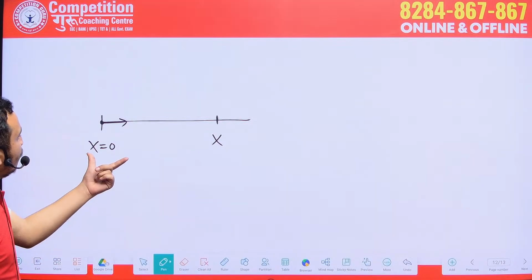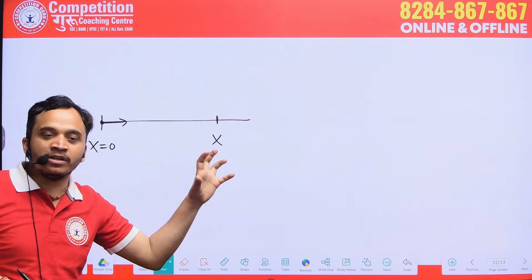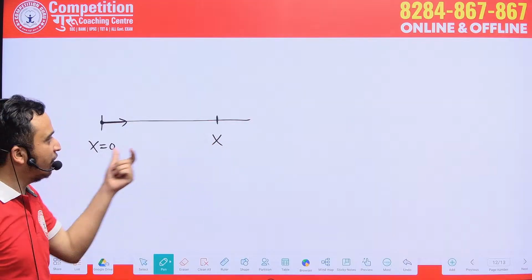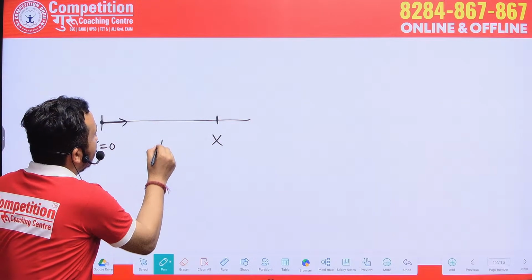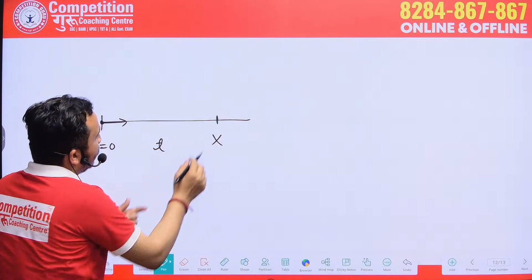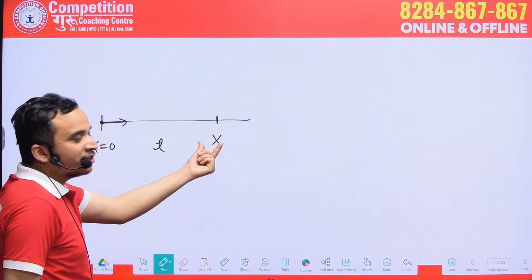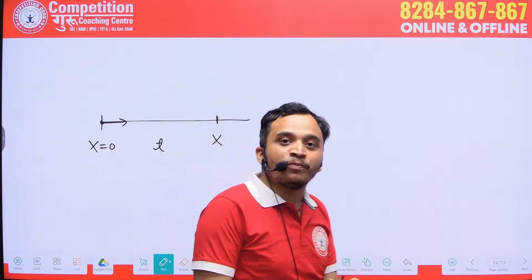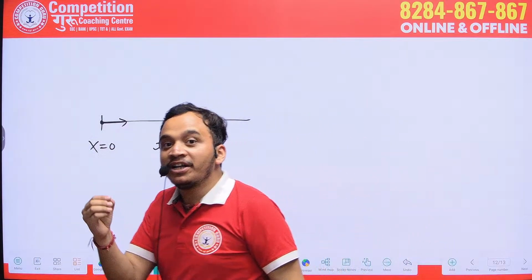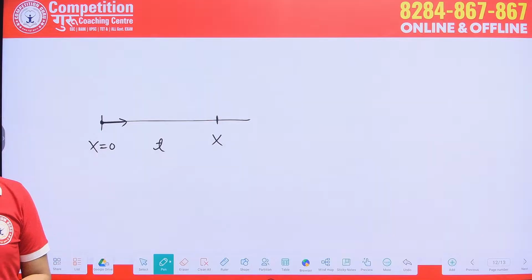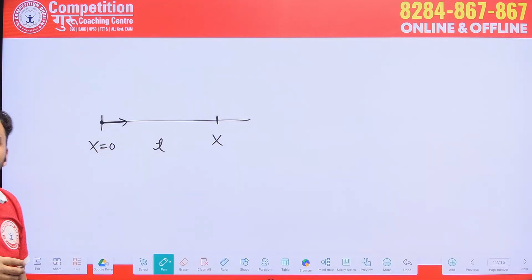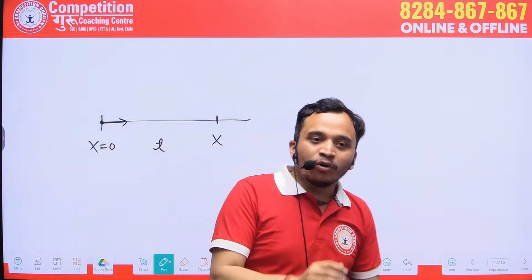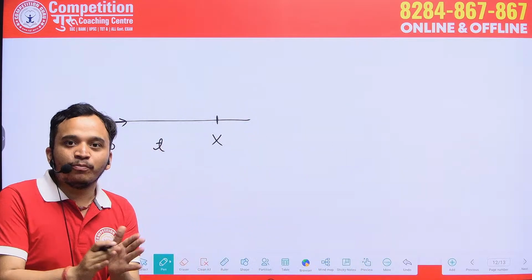Then to know its position at that point, it is also important to know the initial velocity of that particle. So to predict the dynamics of the particle, to know the position and velocity, both are important.